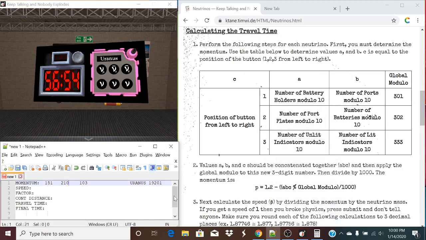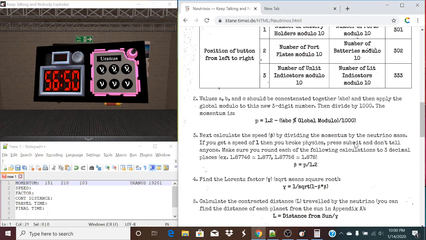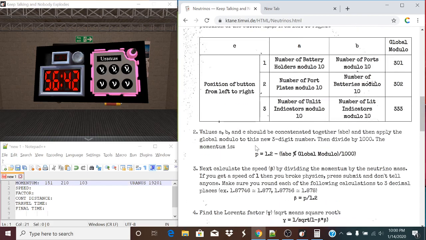And 103 is less than 333, so we're good. So down here, values A, B, and C should be concatenated together like so. And then we apply the global modulo, which we just did, to this three-digit number.